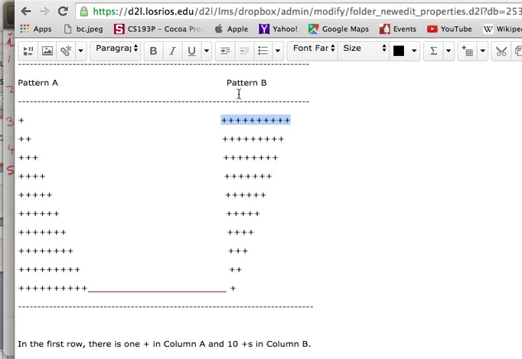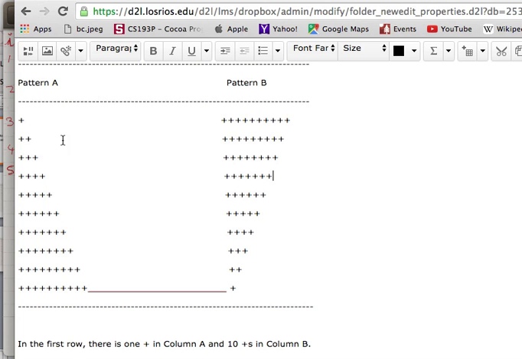And in this column, the number of pluses is decreasing, and the number of spaces is increasing. Okay, that is the key you need to understand.